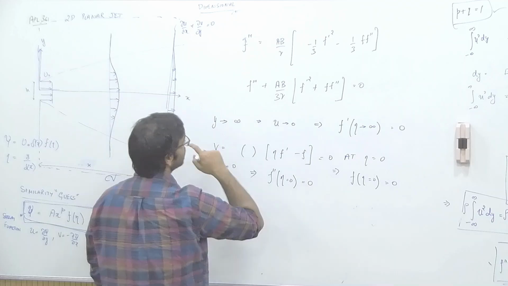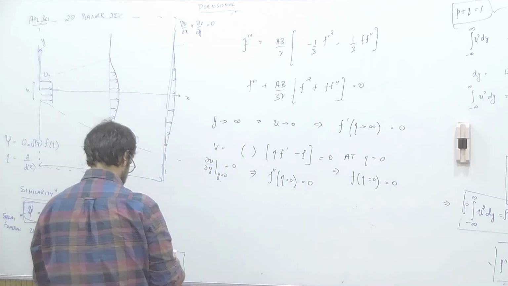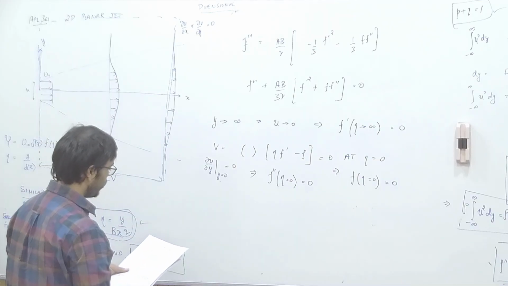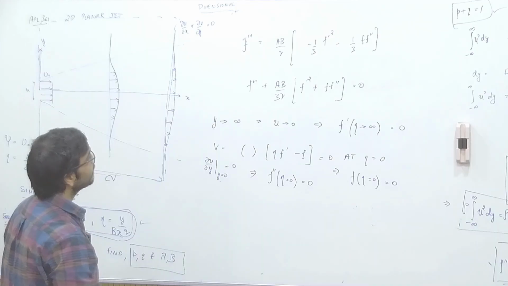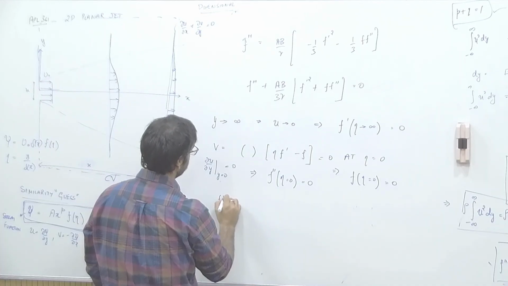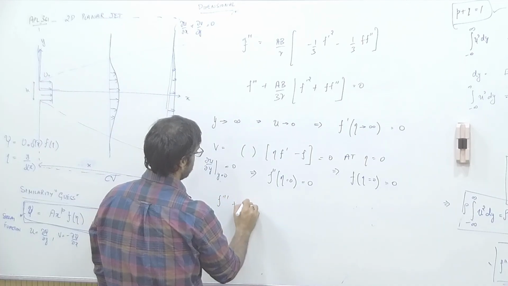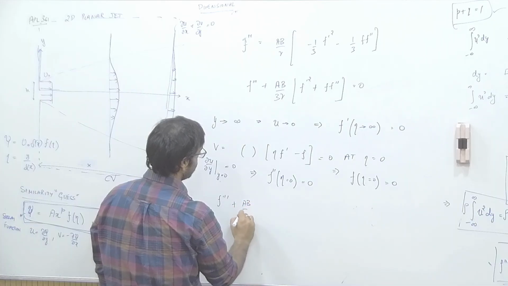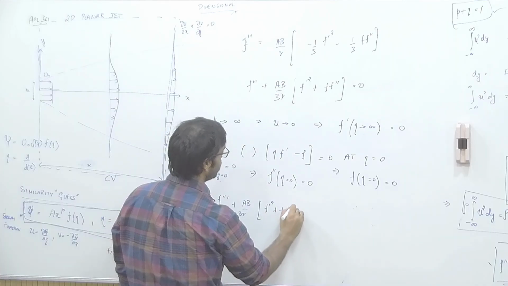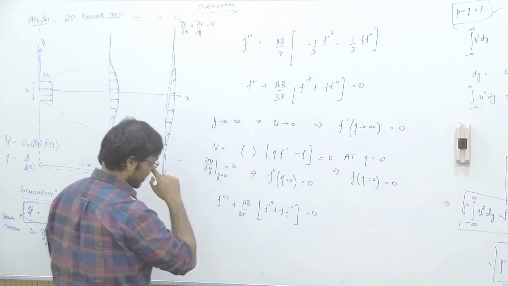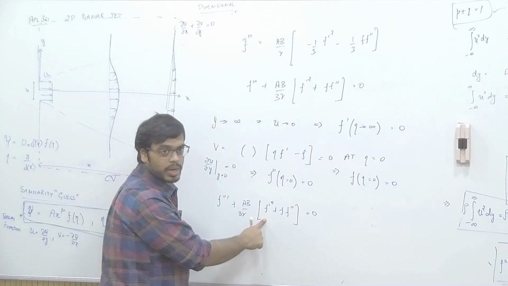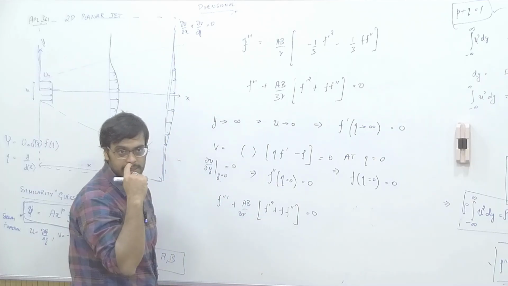How do we start solving this equation? Is there a complete derivative that we can form anywhere? So we have f triple prime plus AB by 3 nu f prime square plus ff double prime. This f prime square plus ff double prime, what is this a complete derivative of?